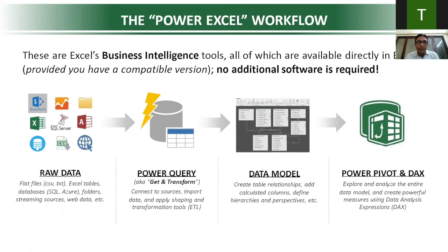The raw data means you are extracting your data in Excel through some files like CSV, SQL, Azure, or some folders. And when we basically get the data in the Power Query, we apply some ETL process over there. So ETL is an international process through which you transform your data in a better format.